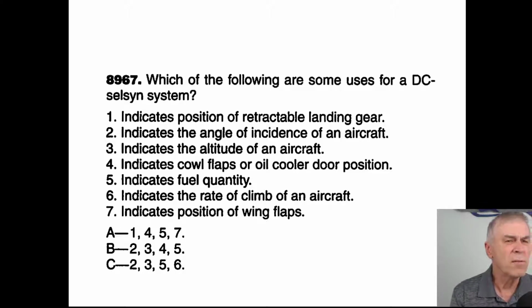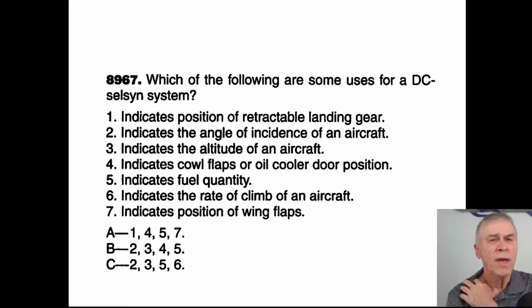Because it is one of the options in A, so fuel quantity, ordinarily I wouldn't call it, we did not study DC Selsyn when we covered fuel quantity indicating systems, but it is kind of interesting. We kind of skirted over that. So a Selsyn system is used with fuel quantity indicators. 6, indicate the rate of climb. No. And 7, indicate the position of wing flaps, which is one of its primary purposes.